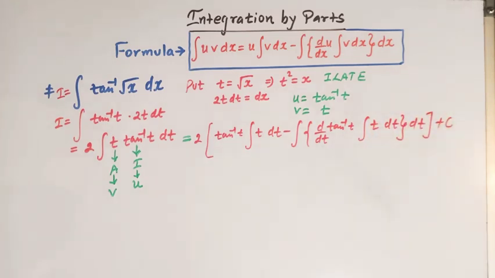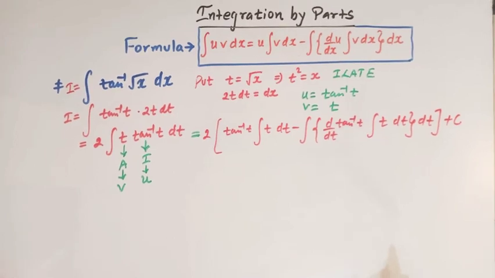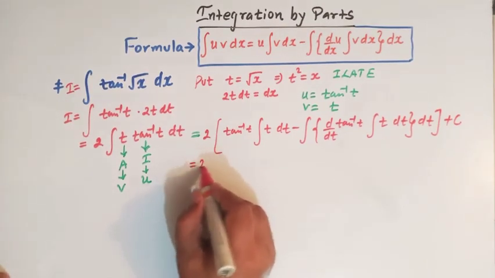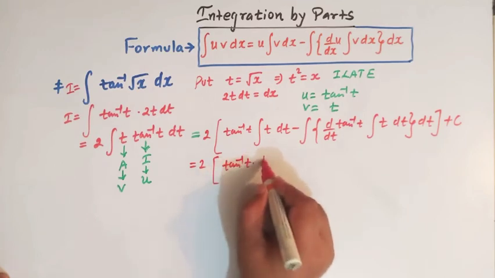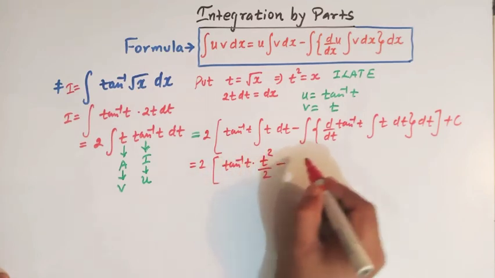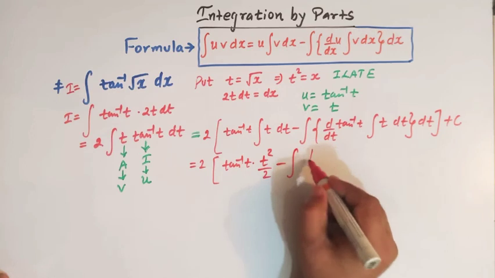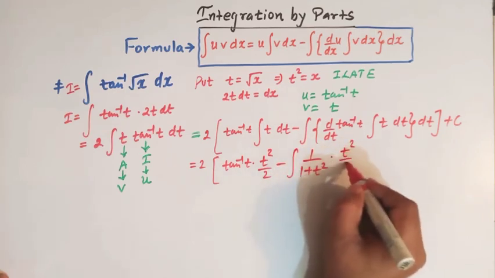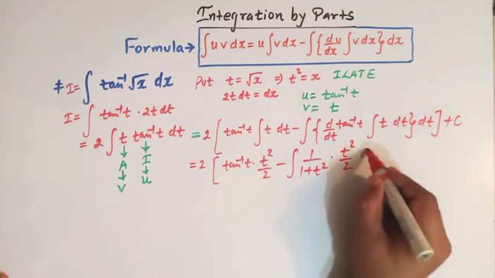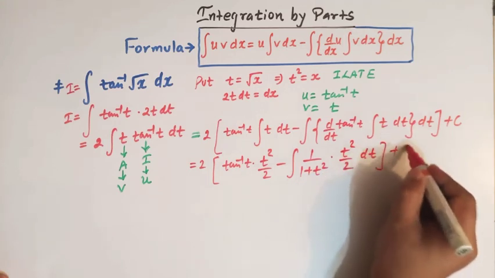C is the constant of integration. So this is 2, and we have tan inverse t times t square by 2 minus integral of 1 over 1 plus t square times t square by 2 dt, plus c.